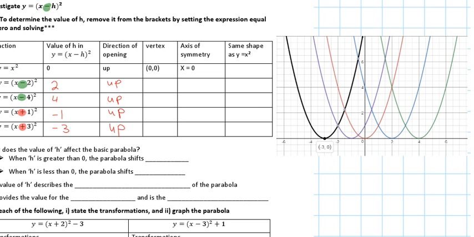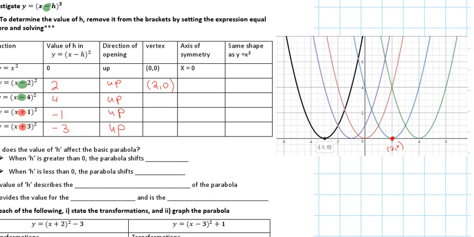How about the vertex for the first one, which is x minus 2 squared? It's going to be 2, 0, right? Remember, it's this one right here, which is 2, 0. And what happened is the h value is 2.